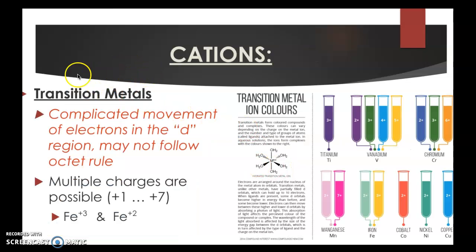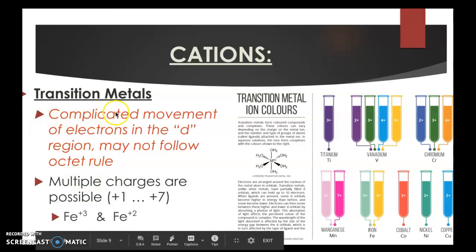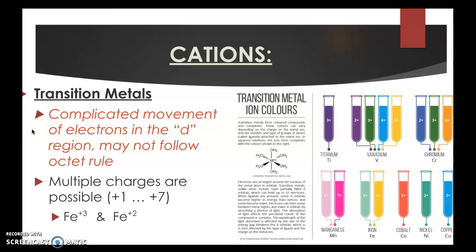Okay, and then along with the cations, there's also the transition metals. Now the problem with transition metals is they don't have really a set rule, because they have d electrons that do a lot of different things. So you want to record this information down here on the left side. It's a complicated movement of electrons in the d region, and they may not follow the octet rule.